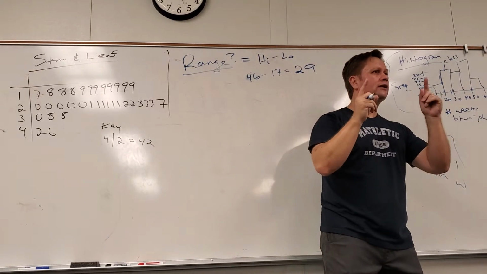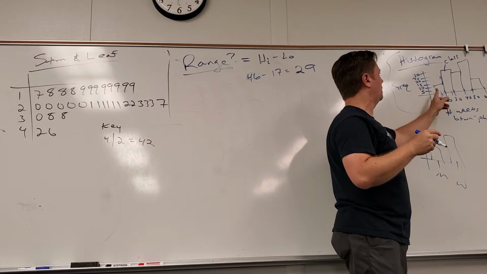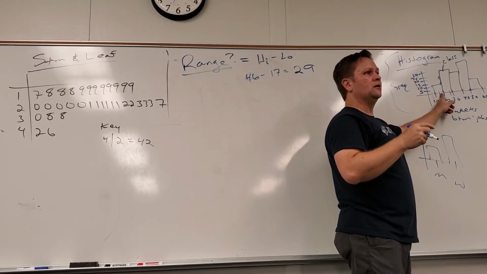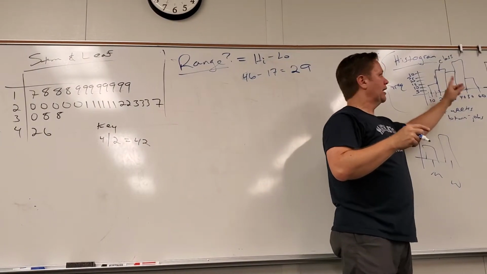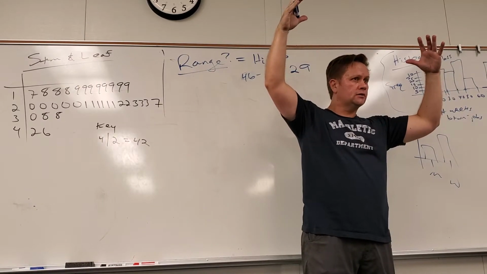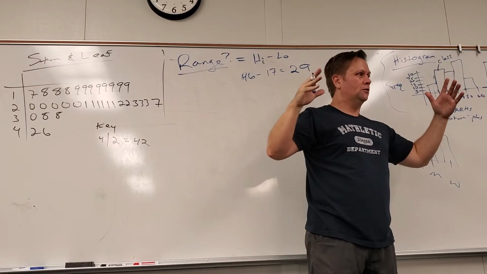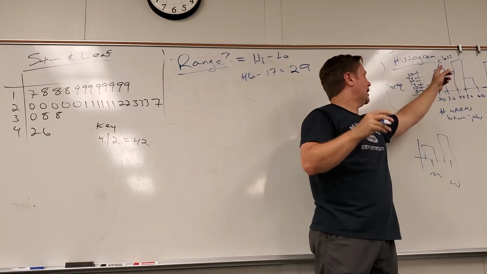So that was a choice somebody had to make. If I took the same exact data and went from 10 to 15, 15 to 20, I'd have a lot more rectangles and it would look different, wouldn't it? So I can increase the resolution if I need to by making more classes.